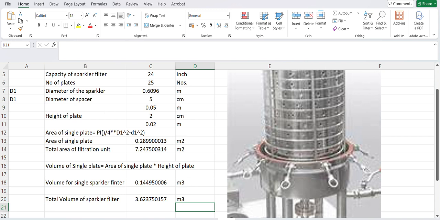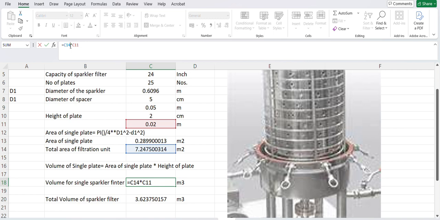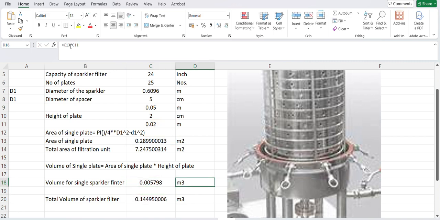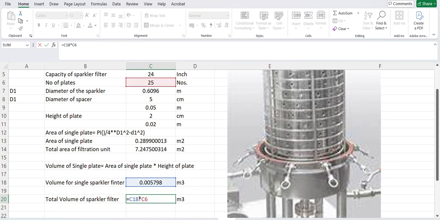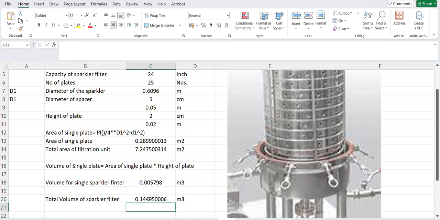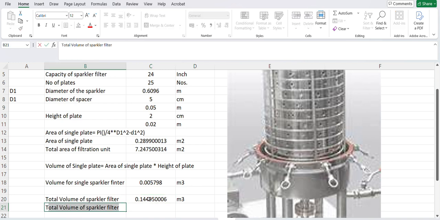Here we are considering the volume for the single plate, and for the total plates we have the sparkler volume, that is, the volume of a single sparkler filter plate into the number of plates. So we got 144.144 meter cube.